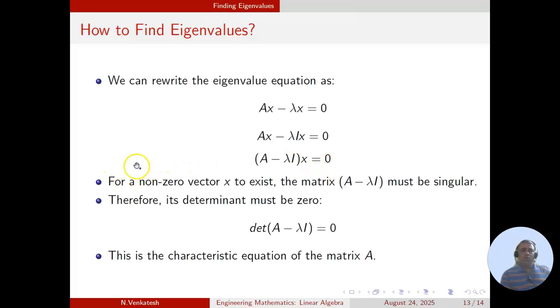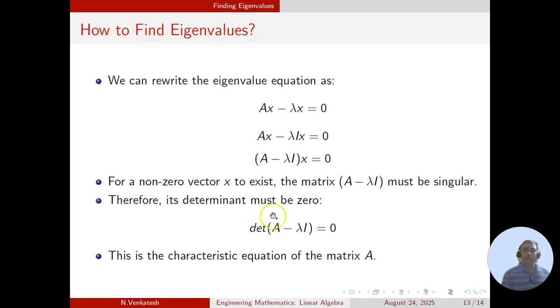As you know, this has one trivial solution, that is x equal to 0, but we are interested in non-zero x. So when a non-zero x exists, this matrix must be a singular matrix. That means the determinant must be equal to 0. So you just calculate the determinant and equate it to 0. Whatever equation you get, we call it the characteristic equation of the matrix.